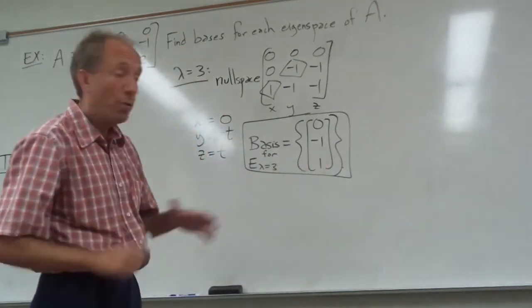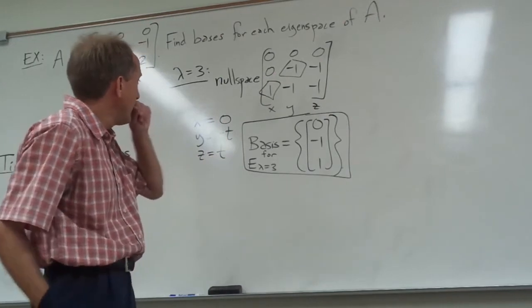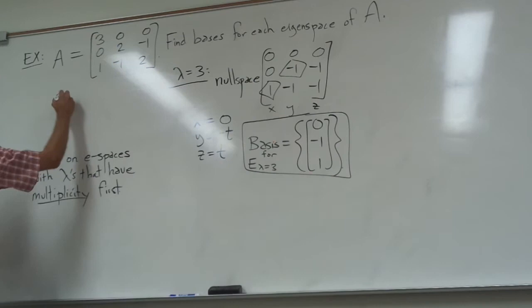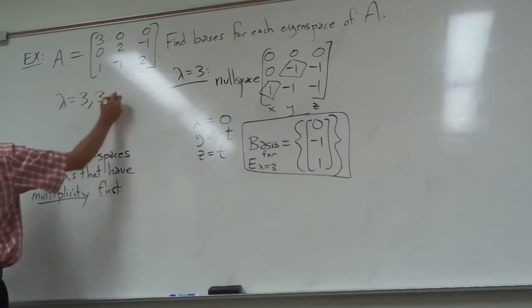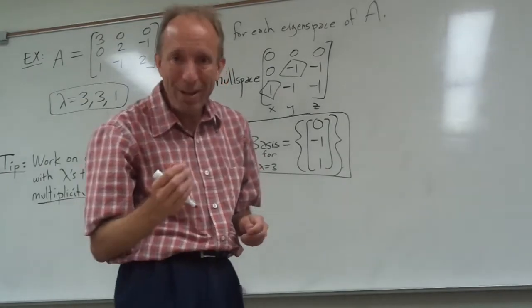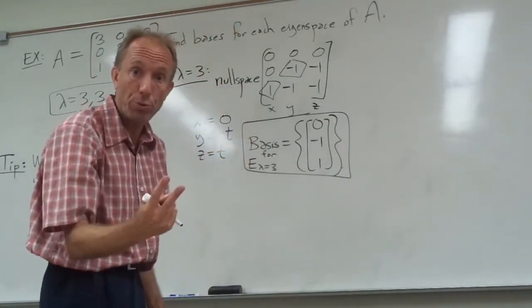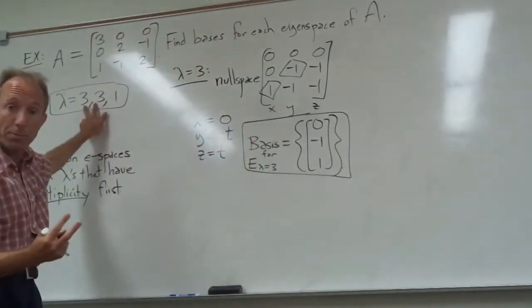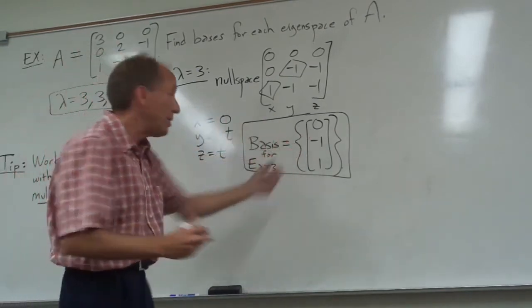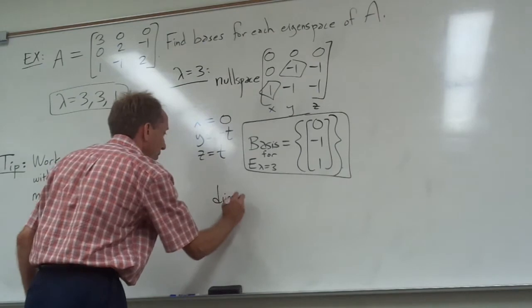Now what I want you to notice here, remember the eigenvalues? We had lambda equals 3, 3, and 1. The multiplicity of the eigenvalue 3 was 2. 3 shows up 2 times. But look at the dimension of the eigenspace.